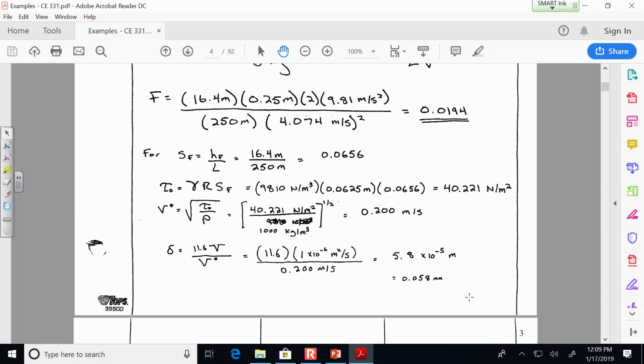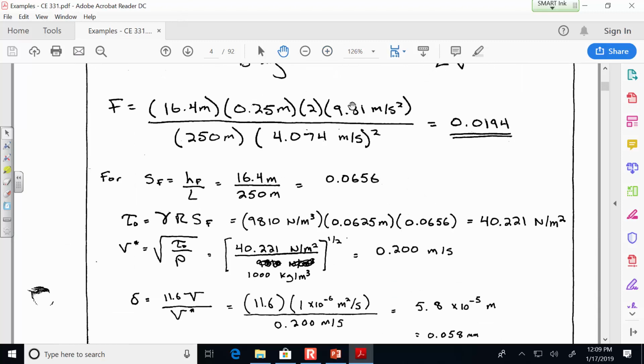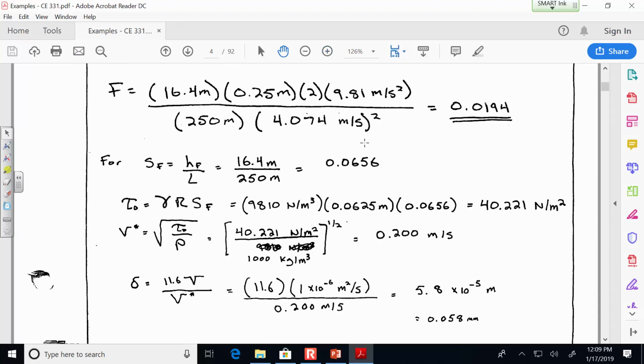And now this last part is maybe the tricky stuff here, because before I put the equation on the screen, you had to remember what is the slope of the energy grade line, S sub F, because you're going to have to put that into the equation that relates shear stress and slope of the energy grade line.